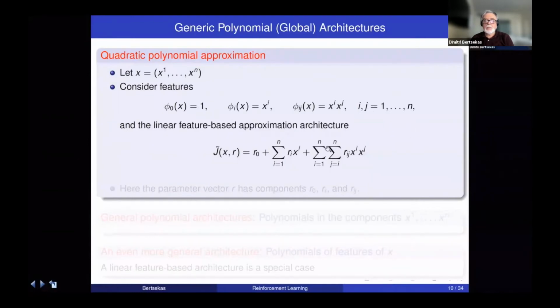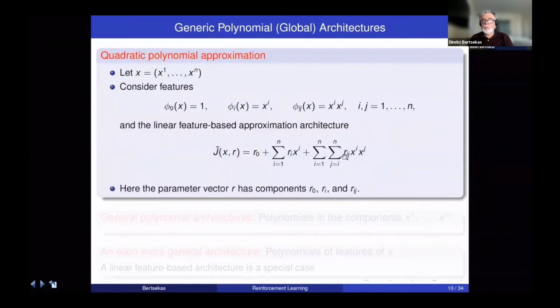Now, the corresponding linear architecture is this one here. This is the weight, the parameter that weighs this feature. R_i weighs the parameter of phi_i, and R_ij is the parameter that weighs the cross product features. So that's the parameter vector. It has all these components.